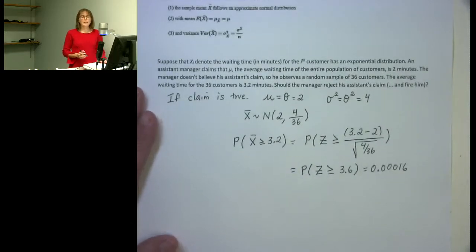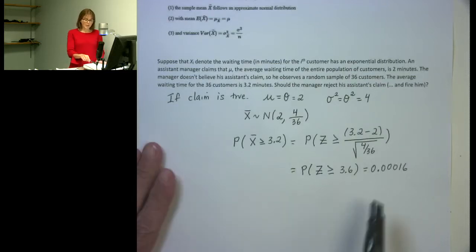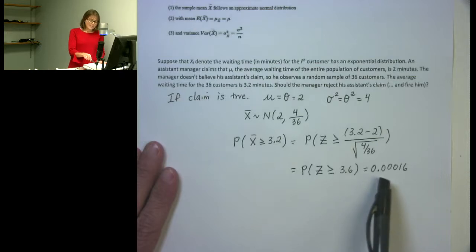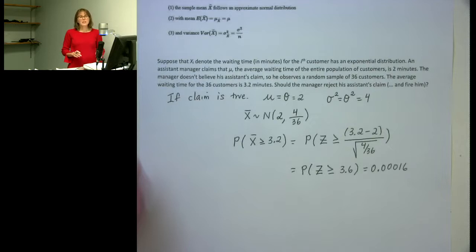So what this means is that if the assistant manager's claim were true and the average waiting time between customers is 2 minutes, the chance of seeing a sample like this one or something with a longer average waiting time is only 0.00016. So that would be extremely unlikely to have happened if the assistant manager's claim were correct.